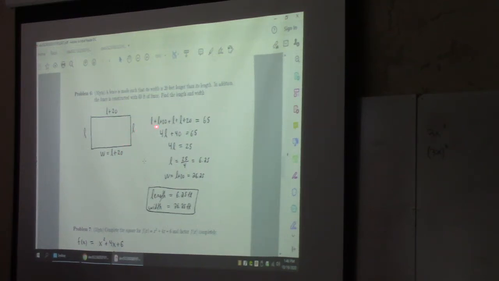So the sum of all the lengths of the sides is 65. That gives me 4L plus 40 equals 65, which gives me 4L is 25, so the length is 25 over 4, which is 6.25. And then the width is L plus 20, which is 26.25. So there you go: length 6.25 feet, width 26.25 feet.